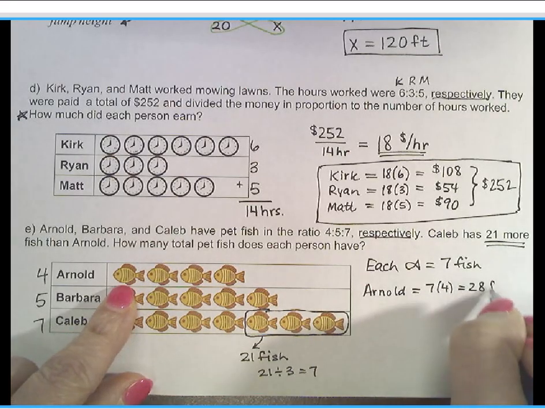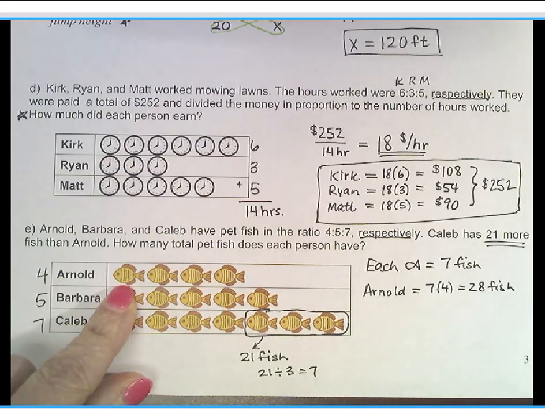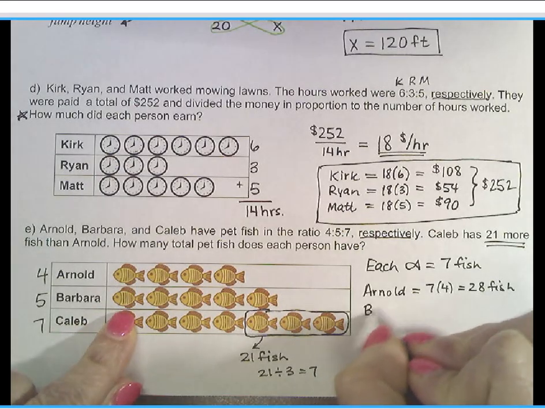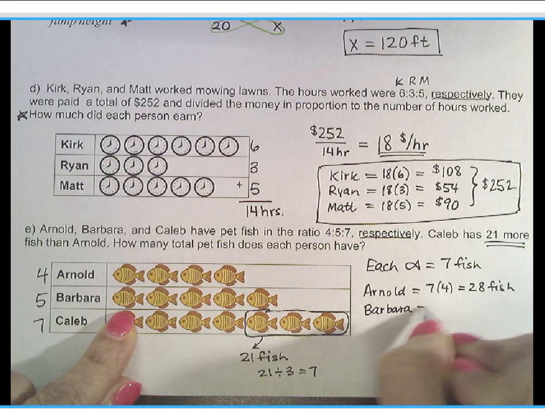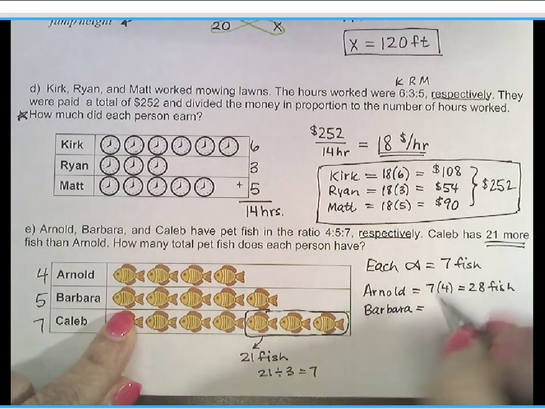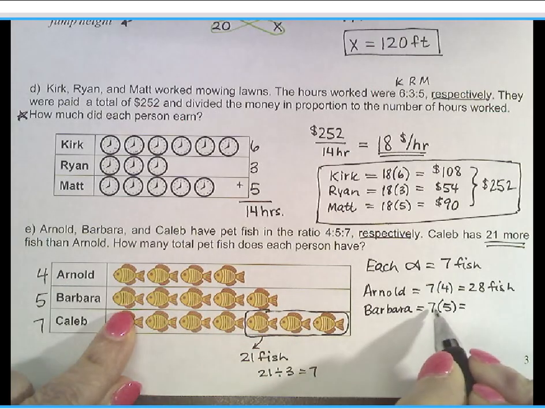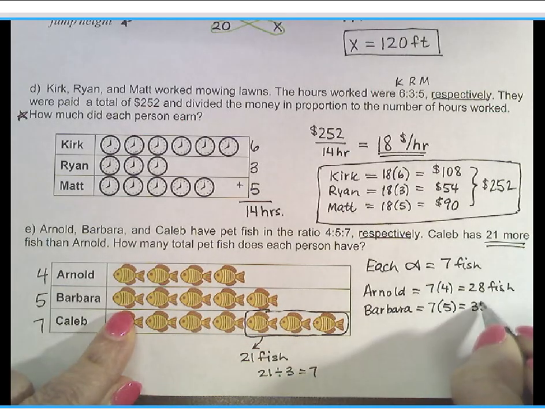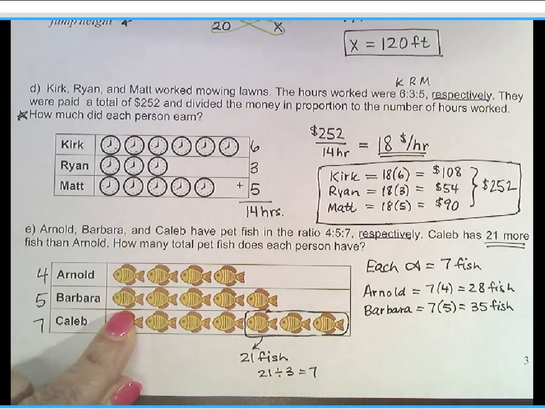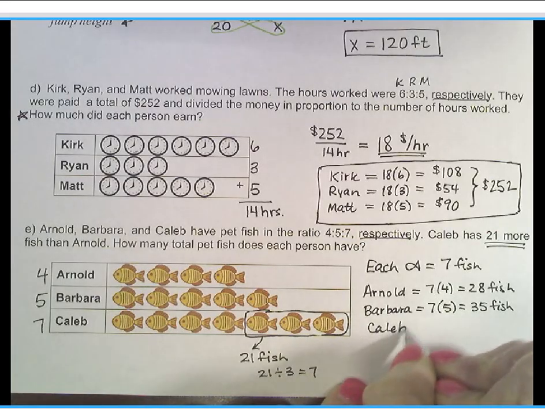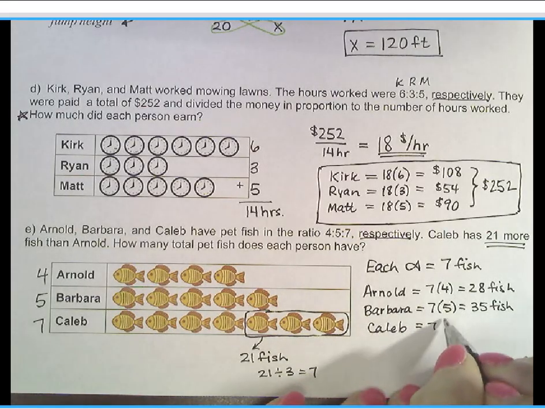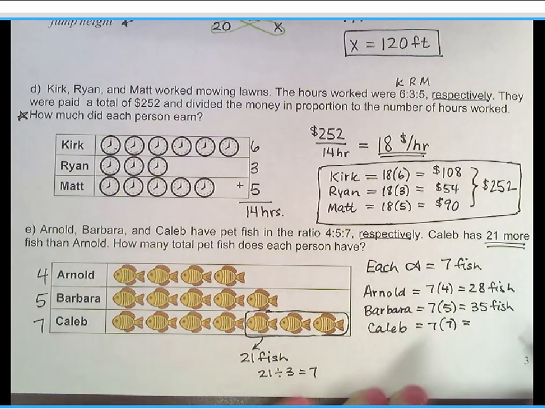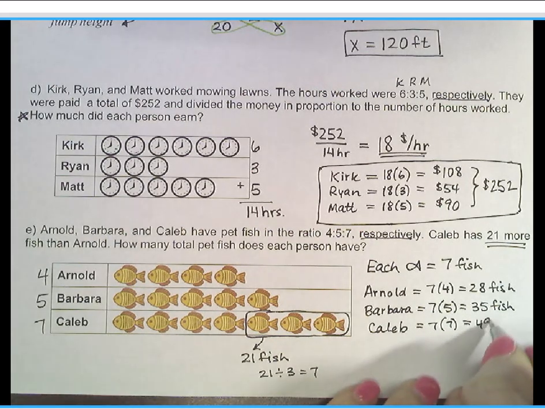He has 28 fish. That's what Arnold has. Barbara, 1, 2, 3, 4, 5 fish. But each one of those fish stands for 7. So that would be 35 fish. And Caleb, he's got 7. 7 times 7 is 49 fish.